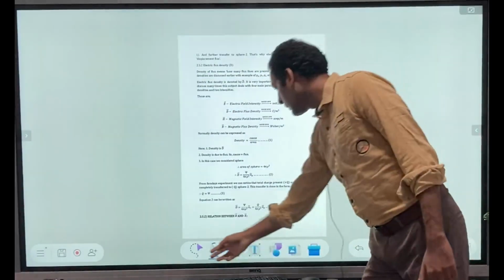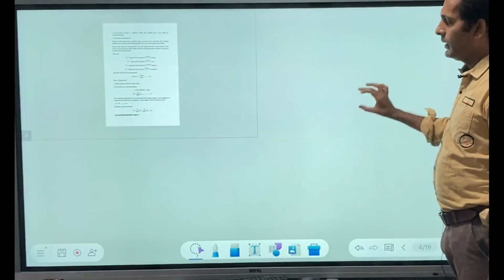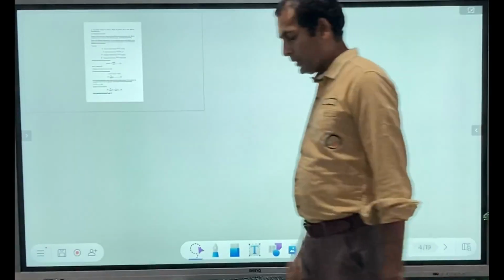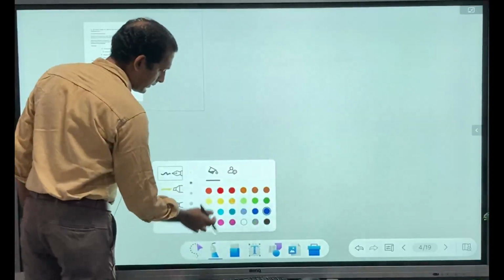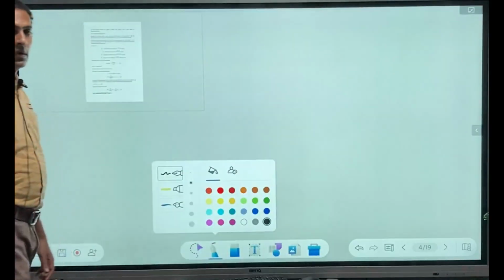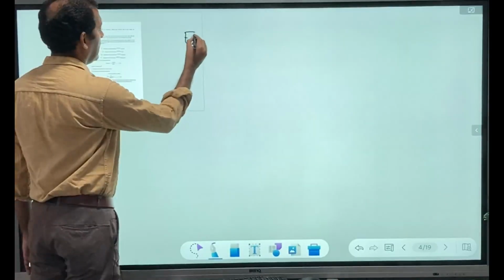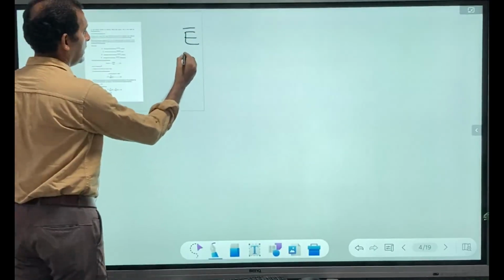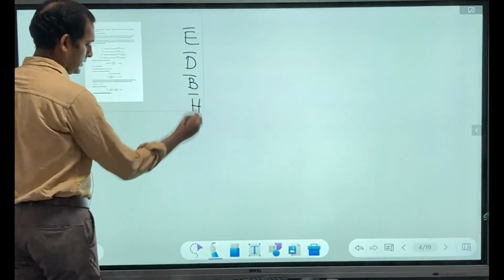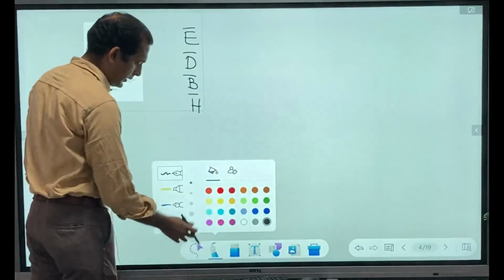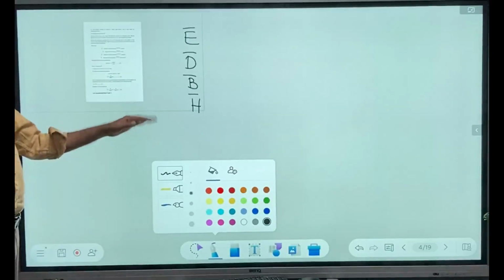So let us discuss the relation between the electric field and the flux. In this entire subject, there are four important vectors. These four vectors are capital E, capital D, capital B and capital H. As we know, these all four vectors operate in space.